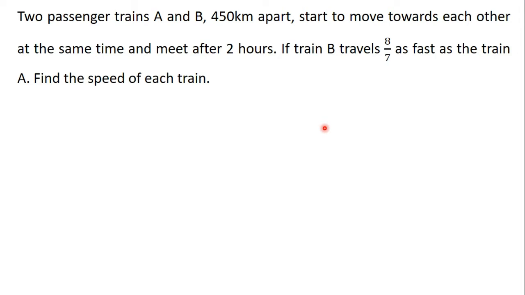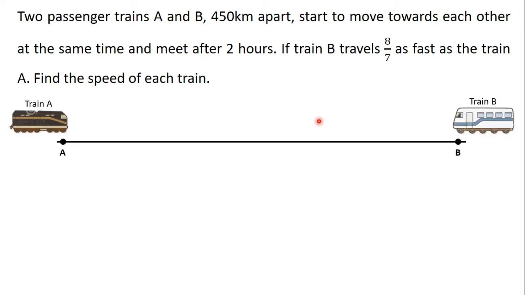To understand this question very well, let's consider this illustration. So we have two passenger trains, train A and train B. Let's say that train A is at point A and train B is at point B. From the question, we are being told that the two passenger trains are 450 kilometers apart.